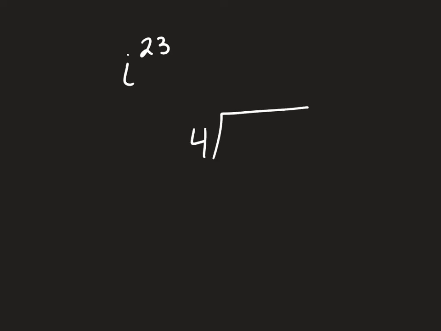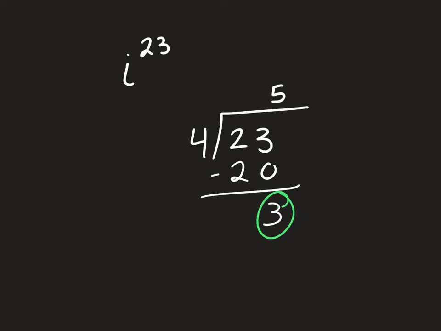Not on a calculator, actually divide it out because you need the remainder. So 4 goes into 23 how many times? You get a remainder of 3. That means that i to the 23rd is equal to i to the 3rd, which we know is equal to -i.